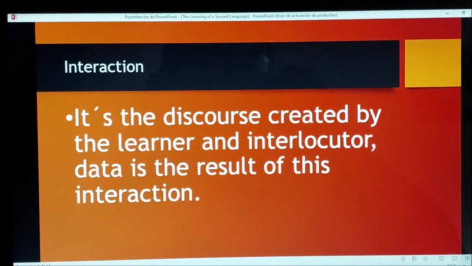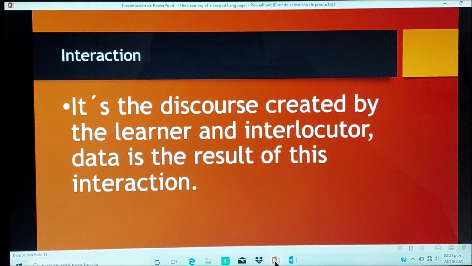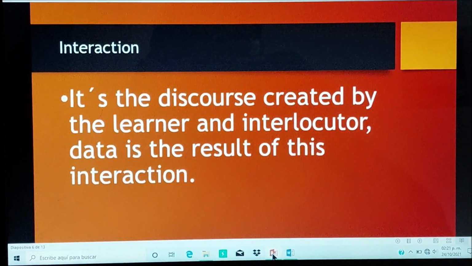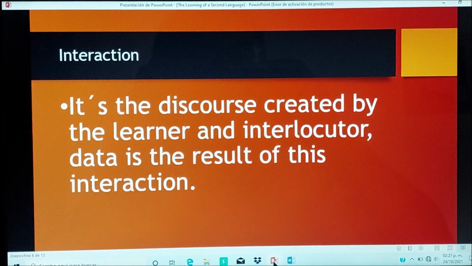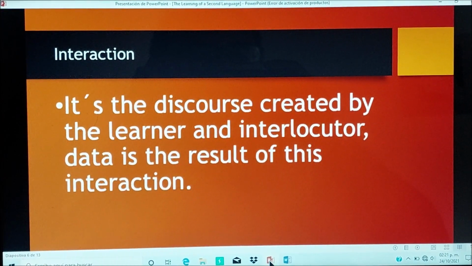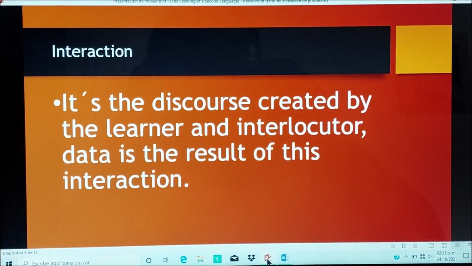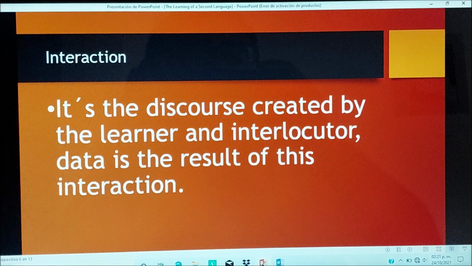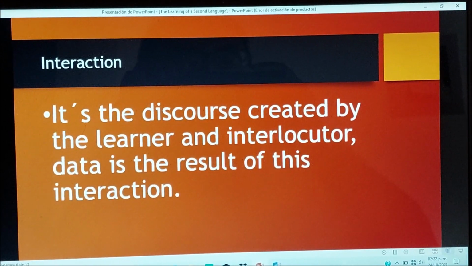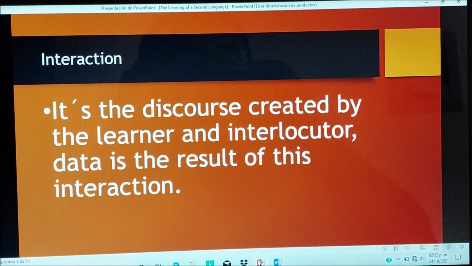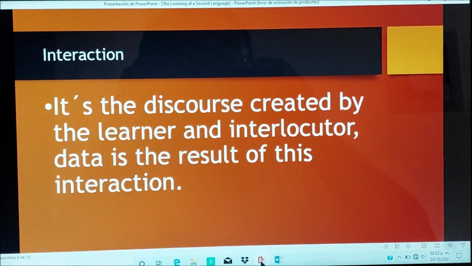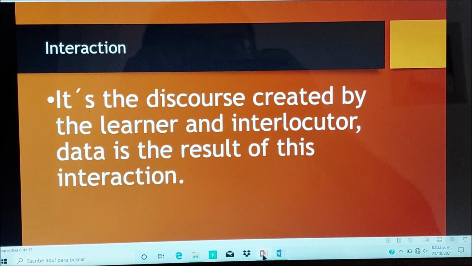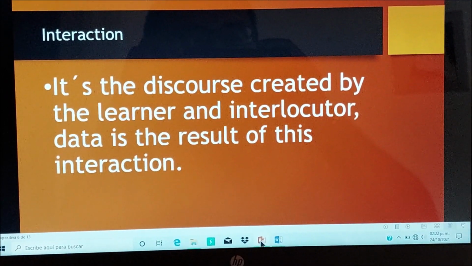Okay, let's continue with interaction. It is the discourse created by the learner and the interlocutor. It means that we need two people to create a discourse, and the data is the result of this interaction.